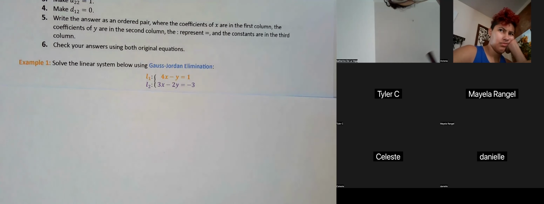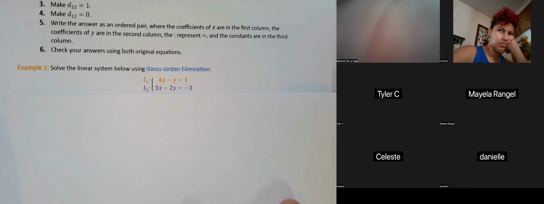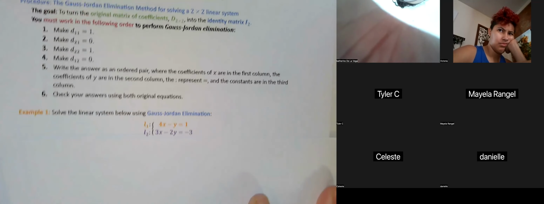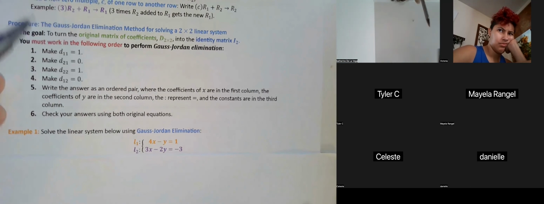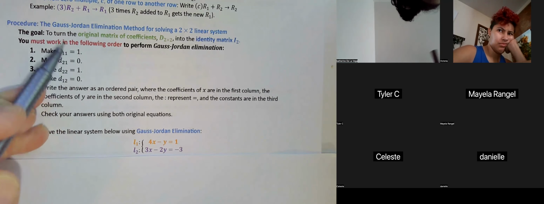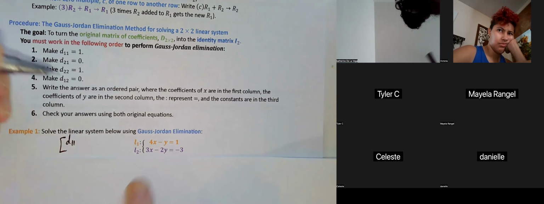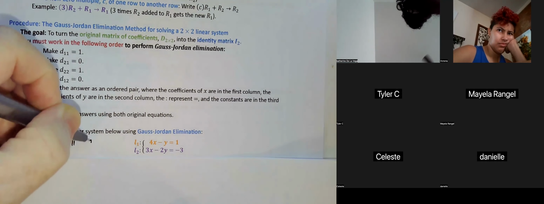Alrighty, so let's go ahead and start. First, I want to just go through and solve a system so that we all remember the steps. So first, we're going to make D11 equal to 1, where D11 is the first coefficient.